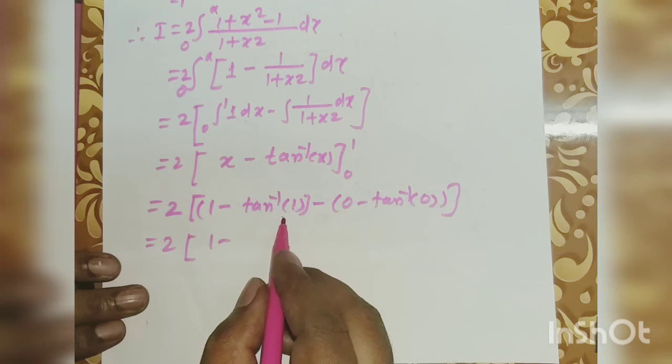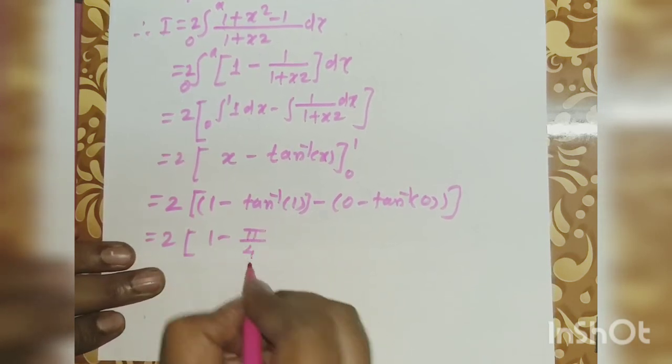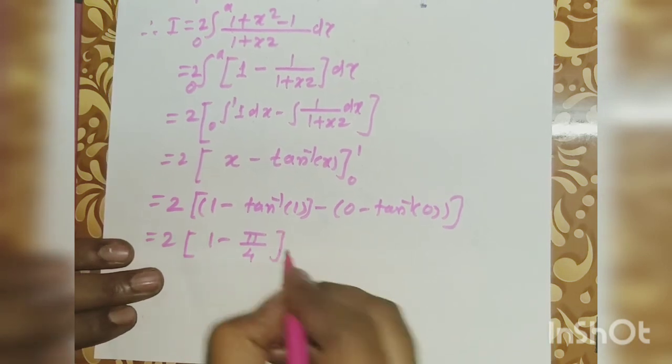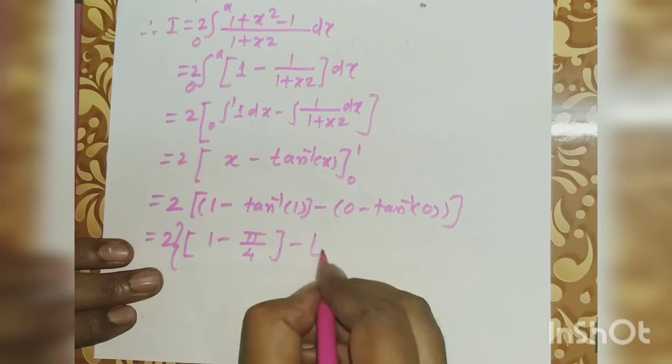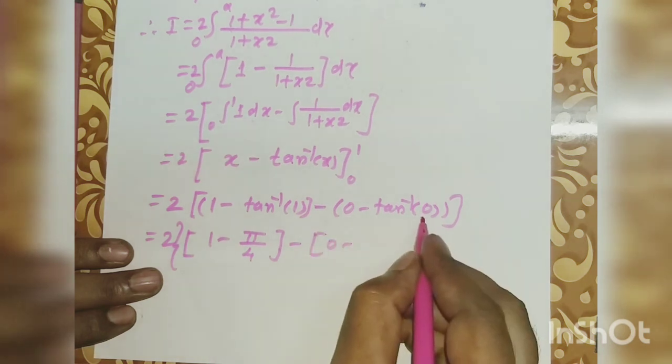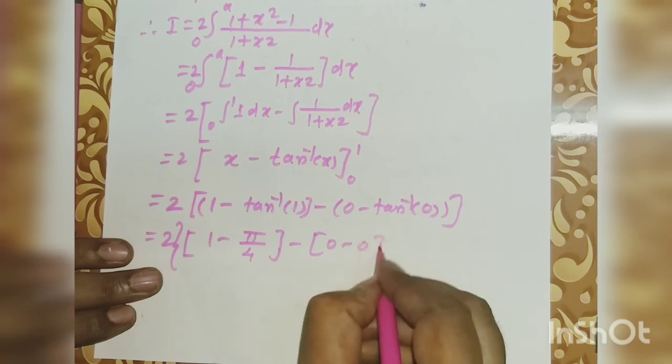Tan 45 degree is 1, therefore tan inverse 1 is 45 degree, that is pi by 4, minus 0, since tan inverse of 0 is equal to 0.